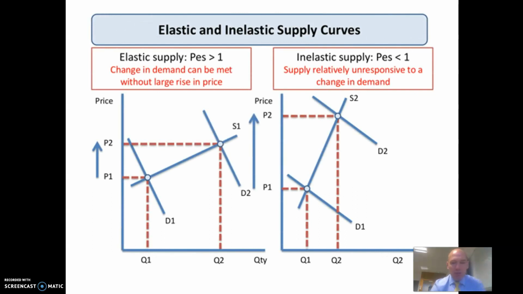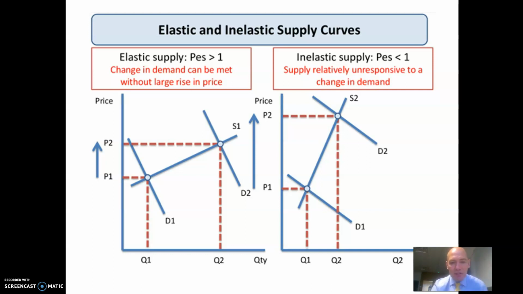Okay, pushing on, bottom of your page 68, with elastic and inelastic supply curves. Just having a look at elastic supply, have a look at what you can see. The supply curve is fairly flat, and as a result, when there's an increase in demand, and obviously that's a big increase in demand, have a look at the difference between the percentage change in price and the percentage change in quantity supplied.